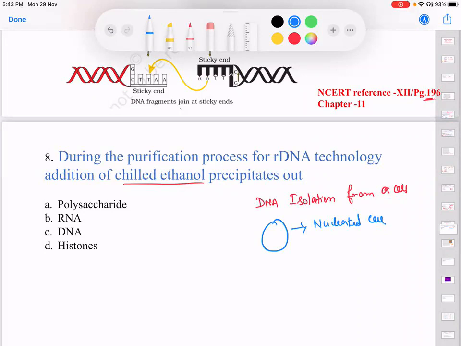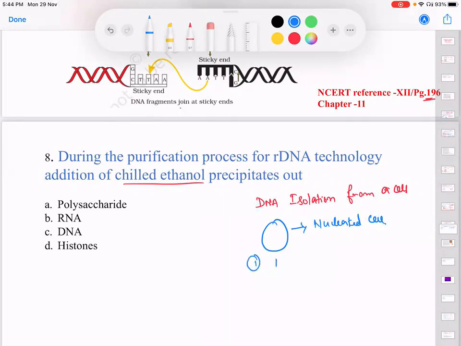Bacteria also have a nucleoid, a primitive nucleus. So a nucleus with DNA, or a nucleus-like structure with DNA, should be there. RBCs and platelets in humans cannot be used, because mature RBCs don't have a nucleus, so no DNA. So to isolate DNA, I have two steps.